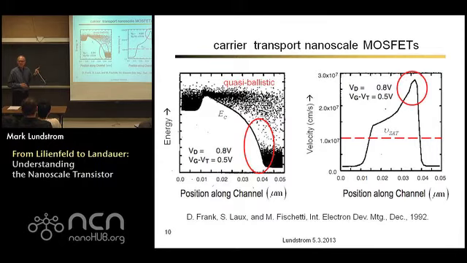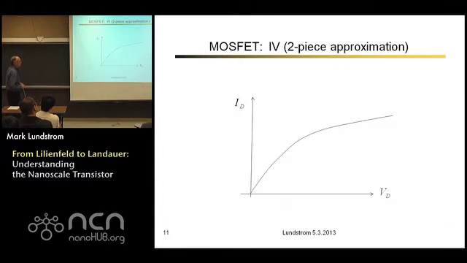And one of the mysteries is, if the velocity does not saturate, why do the IV characteristics of the MOSFET look like the velocity saturation MOSFETs? The physics seems to be all wrong. How come it works? Okay, so we can devise this simple two-piece approximation.